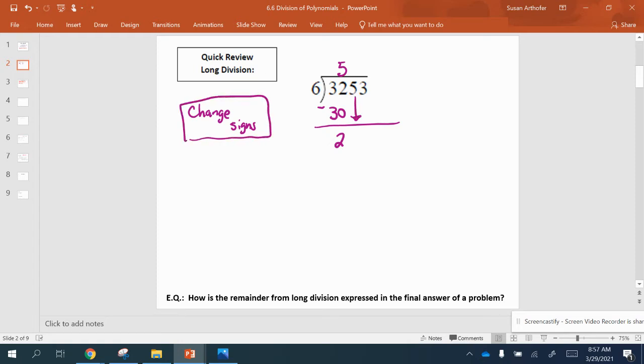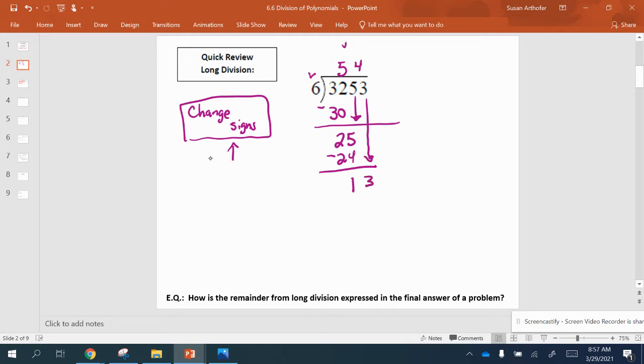So then you bring down the next number, and you ask yourself, what goes up here? What times 6 gets close to 25? Obviously, that's 4. 4 times 6, and I'm going to be calling this distribute when we start adding in x's. So 4 times 6 is 24. You're going to, again, change signs. 25 and negative 24 is 1, and you're going to bring down the back number of 3.